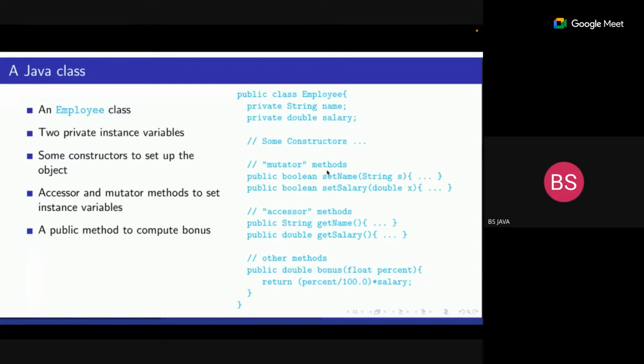Then mutator methods like set name, set salary, to set values outside the class. Then we have accessor methods to get name, get salary. And one more method is the bonus method that takes some percent and returns that percent of salary. So basically it will return the bonus in this formula.